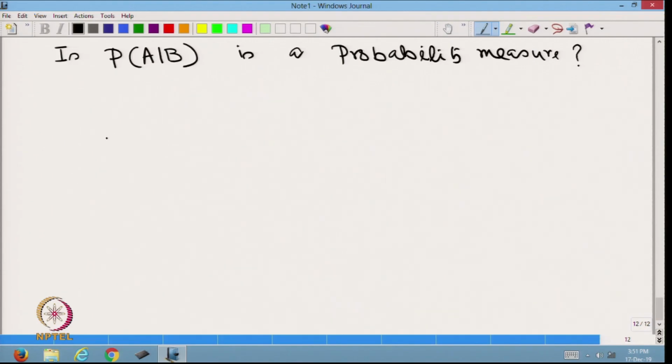We know that for a probability measure there are three properties.